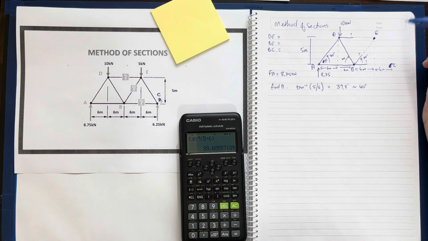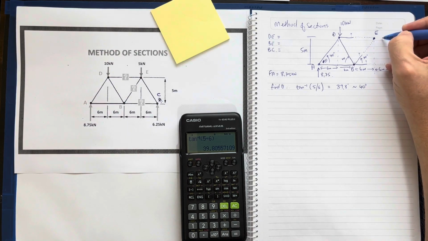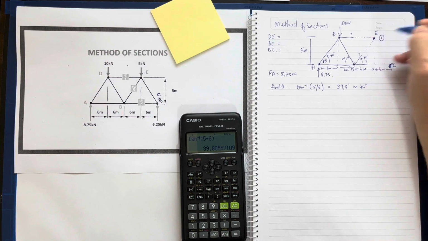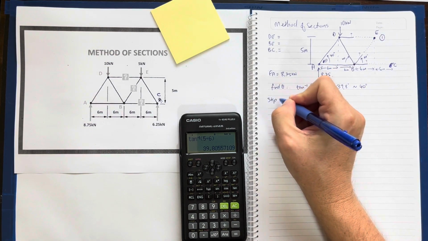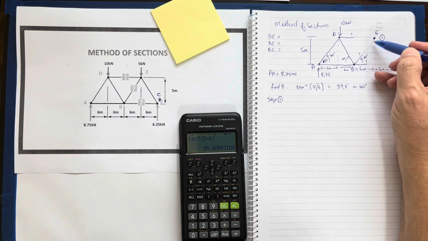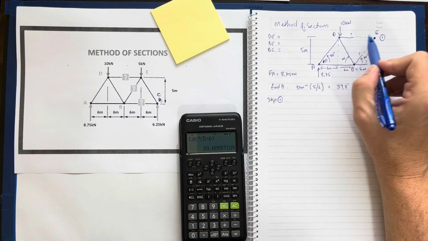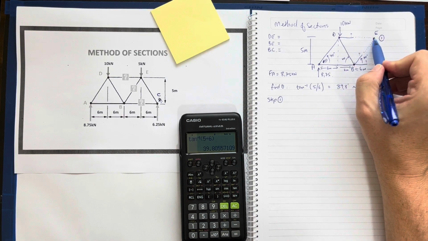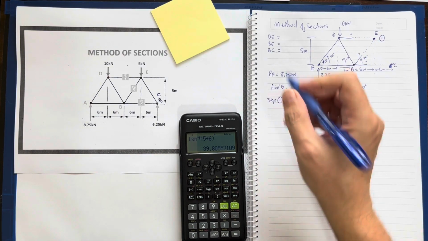And let me show you how I'm going to do that. I'm going to start with E. So I'm going to call this step 1. If I'm going to take moments about point E, by choosing E, let's look at the things I'm going to work with.